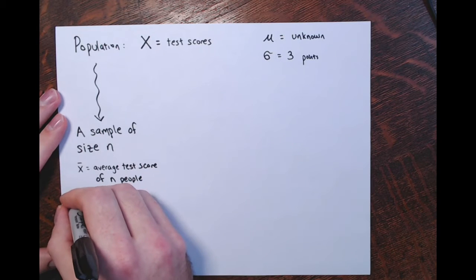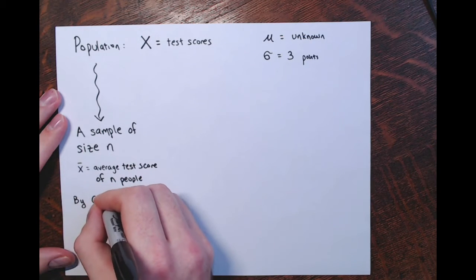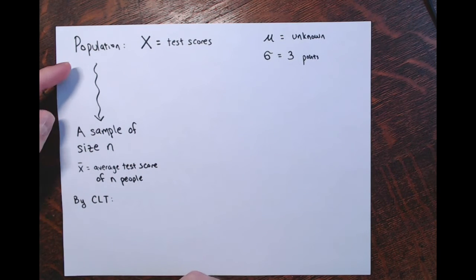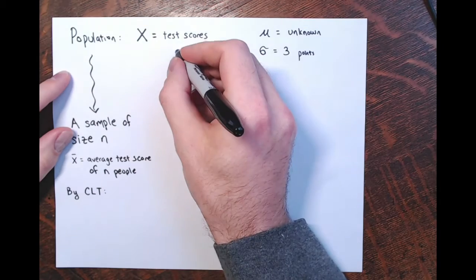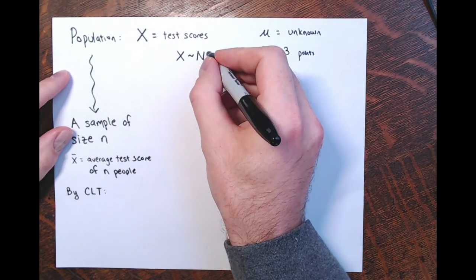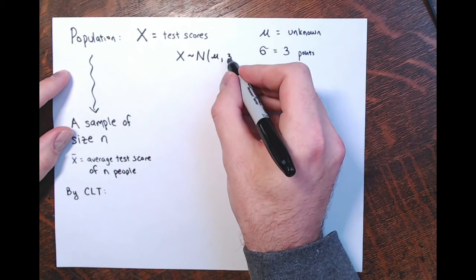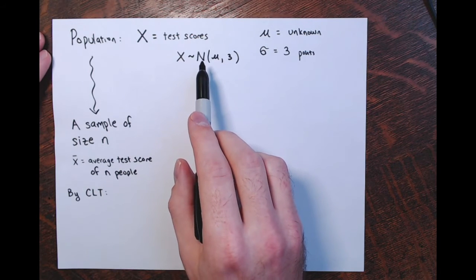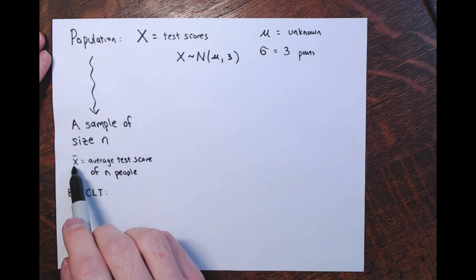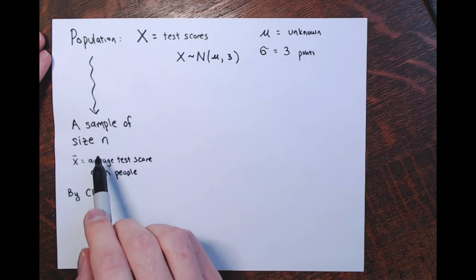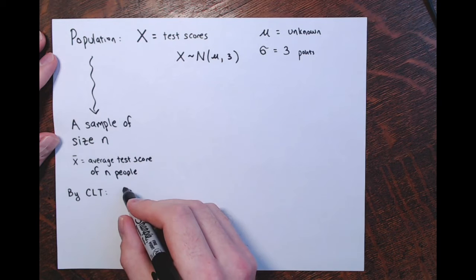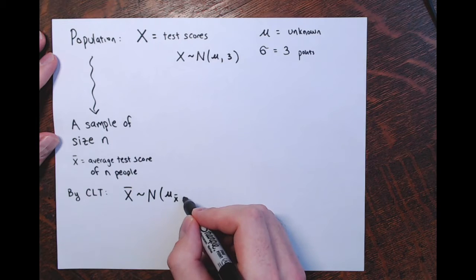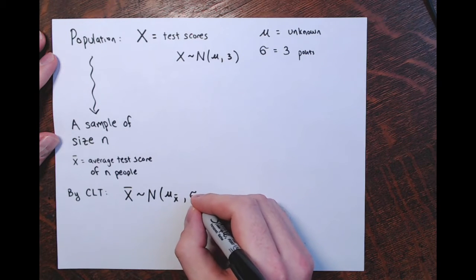Now, by the central limit theorem for means, since they told us the population was normally distributed with a mean of mu that I don't know and a standard deviation of 3, the distribution of these means, the averages for samples of size n, will also be normally distributed, with a mean of mu sub x bar and a standard deviation of sigma sub x bar.